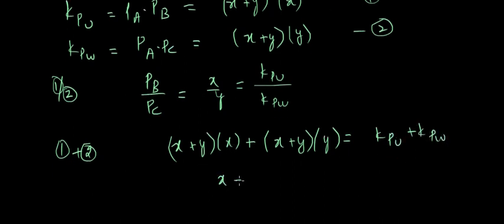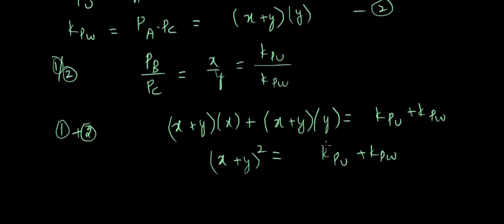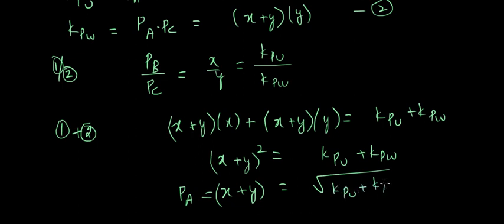So we can write that X plus Y squared would be equal to Kpu plus Kpw, or in other words, X plus Y, which is nothing but the partial pressure of A, would be under root of Kpu plus Kpw.